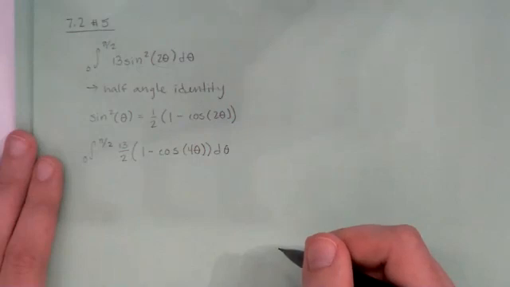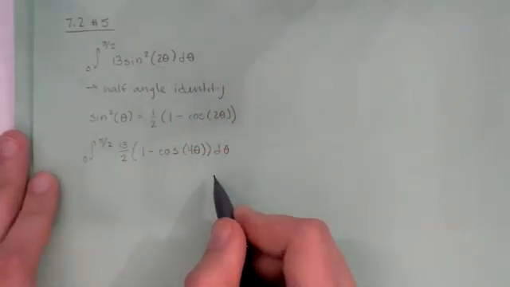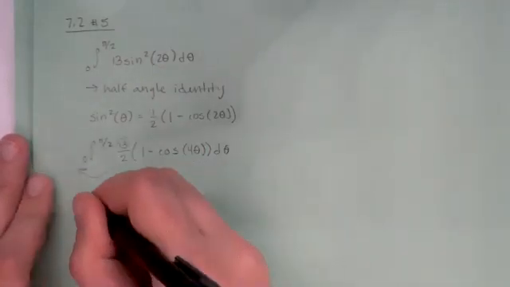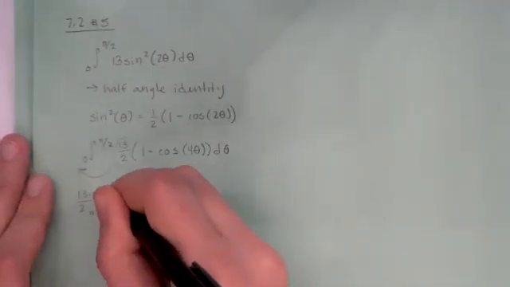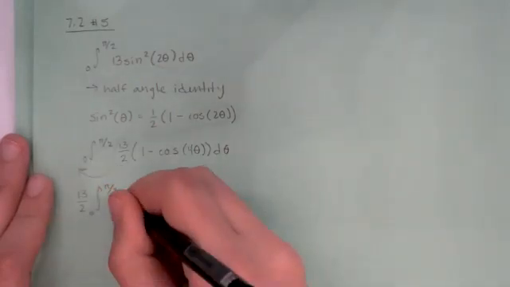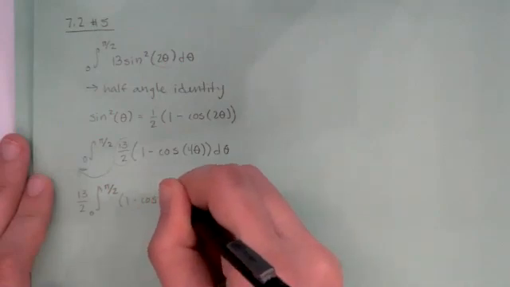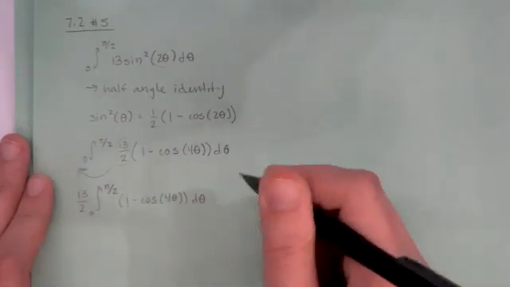And so at this point, you can just go and take the integral as is. So I would restructure it a little bit before you do that. I would move this 13 halves out in front just for convenience. So 13 halves going from 0 to pi over 2 of 1 minus cosine of 4 theta d theta.